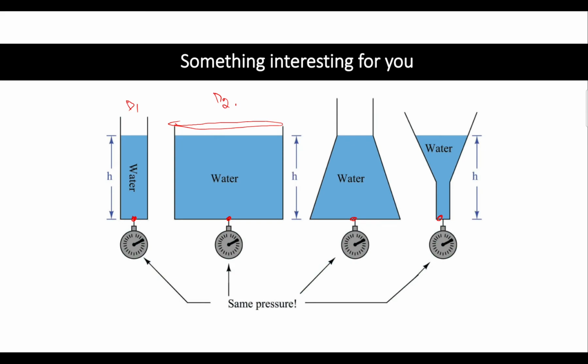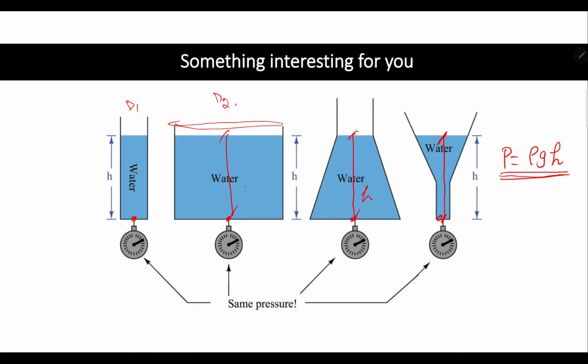But then I explained, pressure is nothing but rho g h. There is nothing here which talks about the shape of the beaker. It doesn't talk about the area or anything. It's all about the height. So at this point the height is h. Here the height is h.